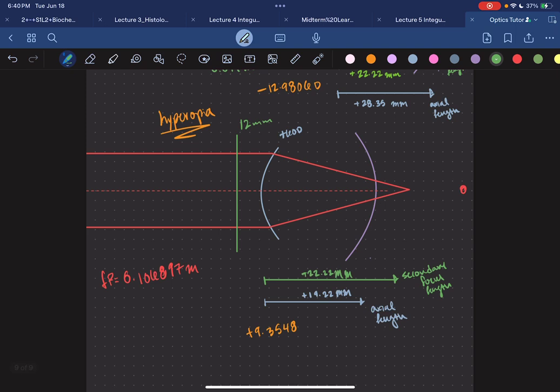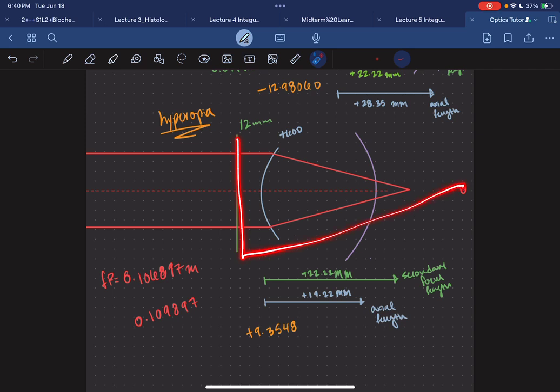I'm going to take the far point, which was a positive 0.106897. And it's actually going to get further from that focal point. So it's going to get 12 millimeters further from here. We're starting at 0.1069, and then we're going to end up being 12 millimeters further from there.